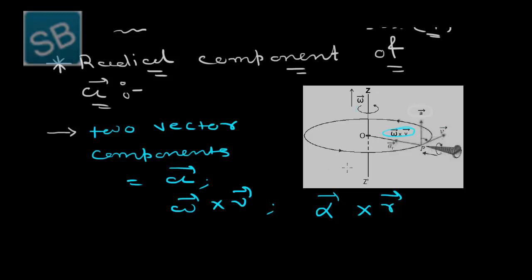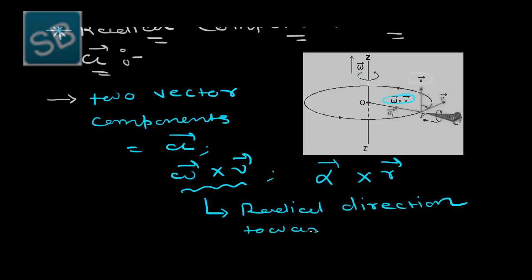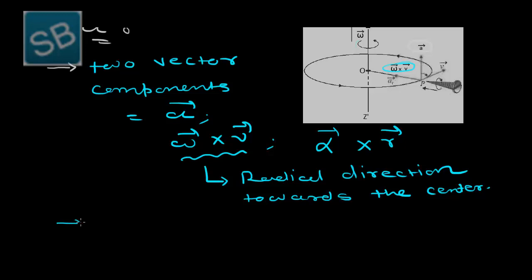But if you look at this particular quantity omega cross V, it is found to be in the radial direction towards the center, and so this component is called the radial component.